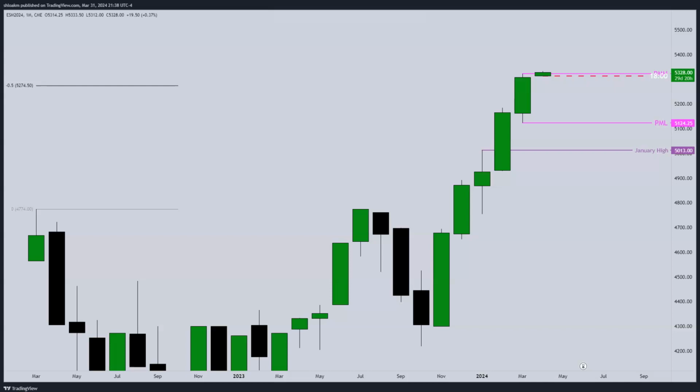And one thing I have been looking at is this negative 0.5 standard deviation at 5274.5. If you take the monthly lows, I think it is November, around that time frame, you can't see it on the chart, but from here all the way up to here, take the negative 0.5 standard deviation, extend that out to the right.